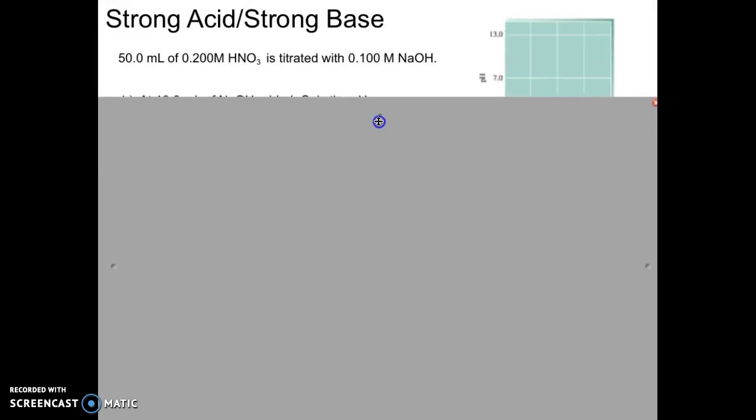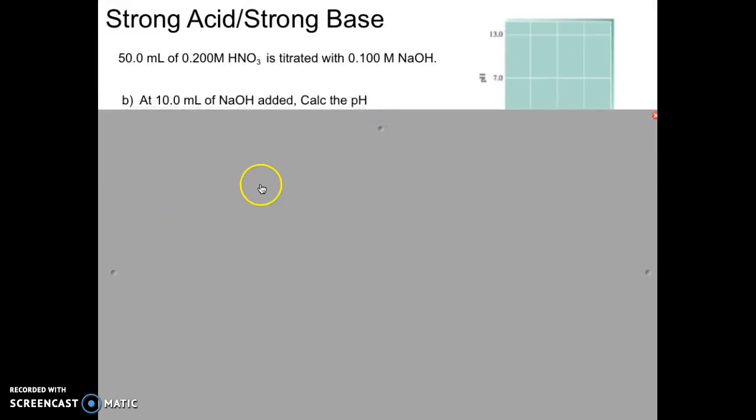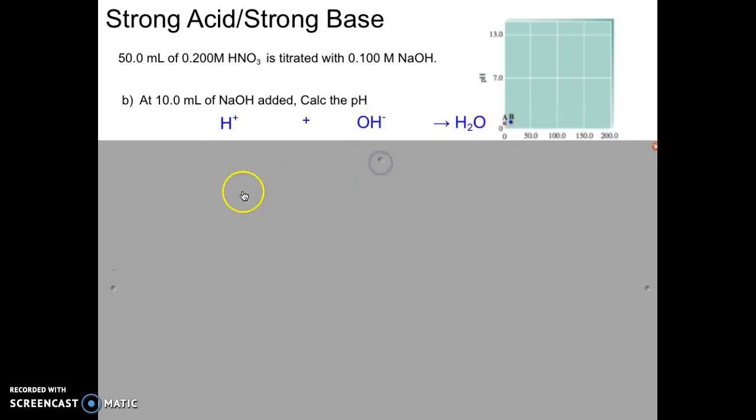Now, what happens if we have this solution and now we've added 10 milliliters of sodium hydroxide and we need to calculate the pH? Well, because this is a strong acid and a strong base, what you need to recognize is that the H from the nitric acid and the OH from the sodium hydroxide completely dissociate in water, because sodium hydroxide is a strong base and nitric acid is a strong acid.